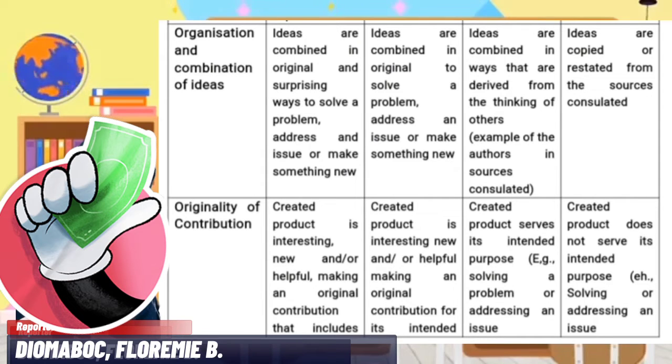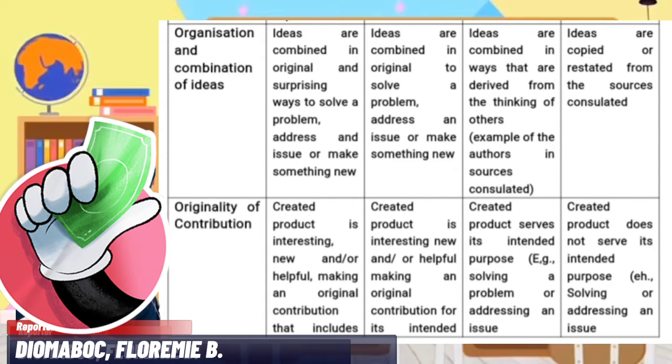So next is originality and contribution. In very creative, a created product is interesting, new, and or helpful, making an original contribution that includes identifying a previously unknown problem, issue, or purpose.